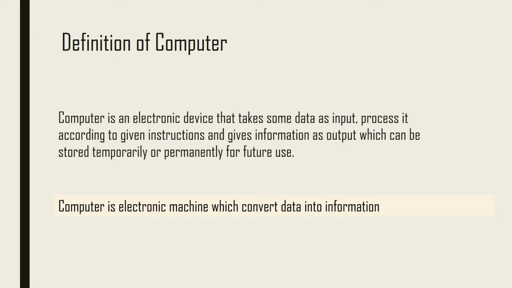Before we go into details of the information processing cycle, let's discuss what a computer is. Based on this definition, we can see that a computer is an electronic device that takes some data as input, processes it according to given instructions, and gives information as output, which can be stored temporarily or permanently for future use.